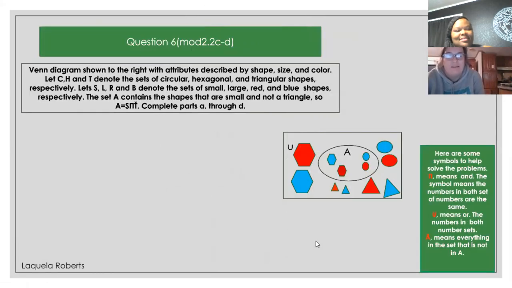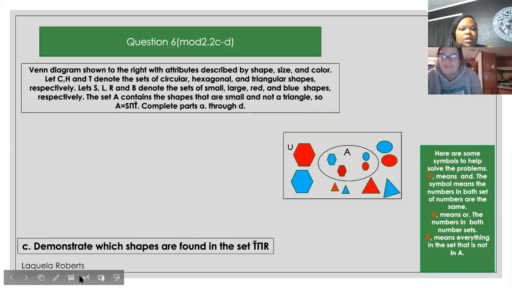Okay, Ms. Dominique, we still on question 6, mod 2.2, C through D. The Venn diagram shows to the right attributes described by the shape, size, and color. We have C, H, and T denotes the set of circular, hexagon, triangle shapes, respectively. Set L, R, and S, and B denote the set of small, large, red, blue shapes, respectively. The set A contains the shapes that are small and not a triangle, so A, S, and T with the apostrophe completes C through D. So here we go.